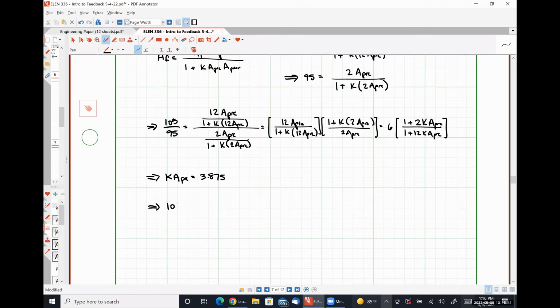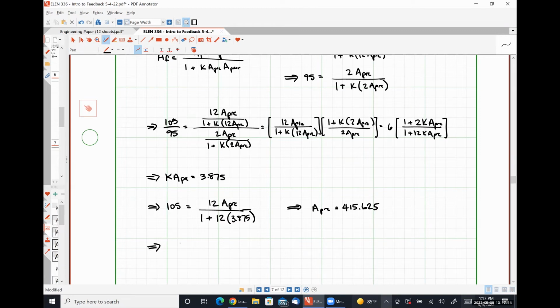So we could say that 105 is equal to 12 A pre over 1 plus 12 times Ka pre, 3.875, which tells us that our preamp gain has to be about 415.625.